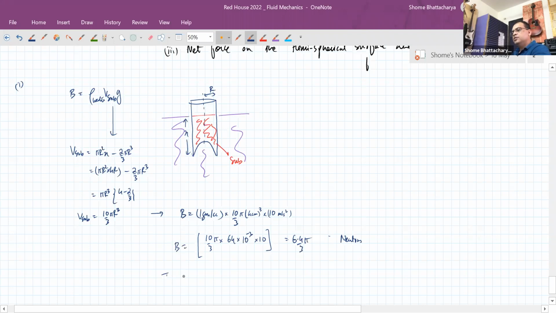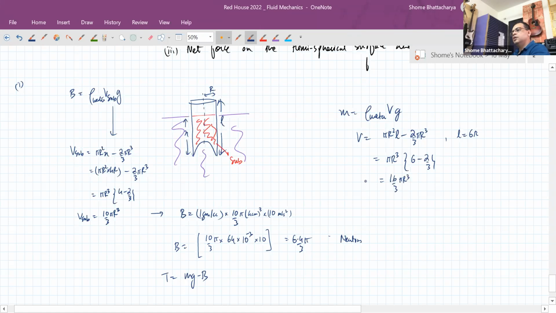So now the tension will obviously be equal to the weight minus buoyant force. Now the weight will similarly be density of metal into total volume into g. So total volume, just replace the x with L. So L was 6r, so it has become pi r cube into 6 minus 2 by 3, or 16 by 3 pi r cube. So this is the volume.